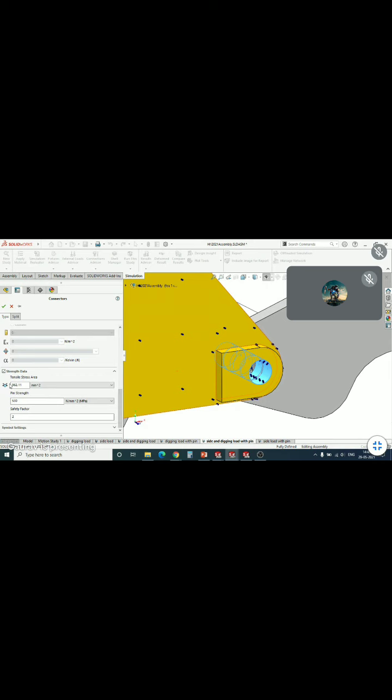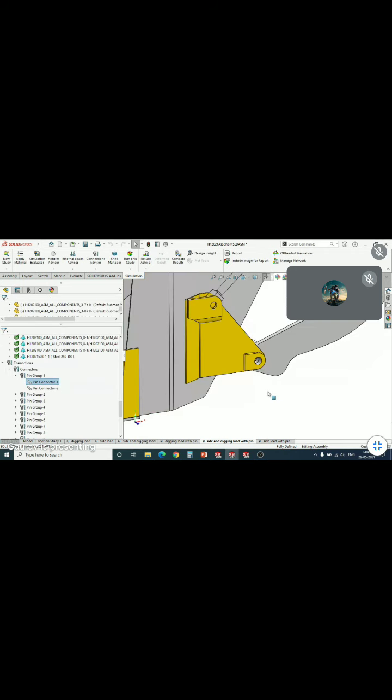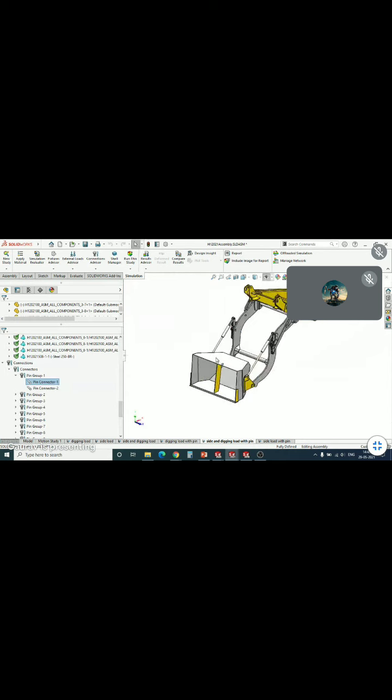What is the tensile stress area of the pin? So when the pin is sheared, correct, how much area is coming, as well as the strength of the pin, what is the yield of the pin, as well as the safety factor, correct? So software will also let you know whether any pins are failing or not when such loading is done, correct?